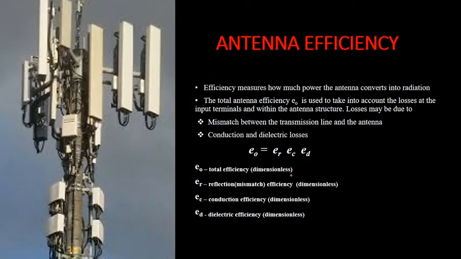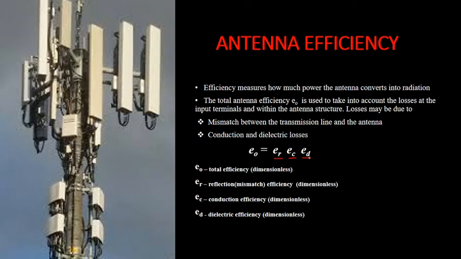And the last parameter that we are going to define is the antenna efficiency. This is the total efficiency of the antenna, and it depends on various factors. We cannot always say that we can design a 100% efficient antenna. There are a lot of factors that contribute to losses in an antenna. A few of the losses that we saw in the initial videos are the reflection loss, the conduction loss, and the dielectric loss.